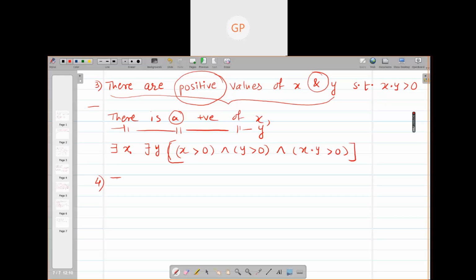Next, there is a value of x such that if y is positive, then x plus y is negative.